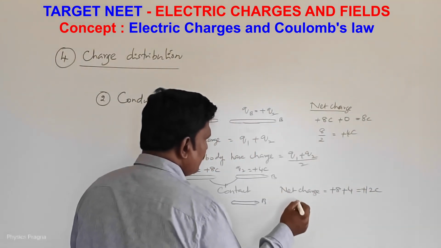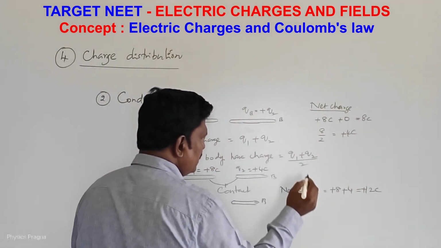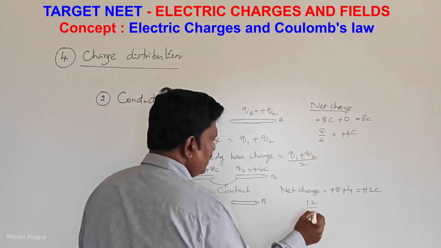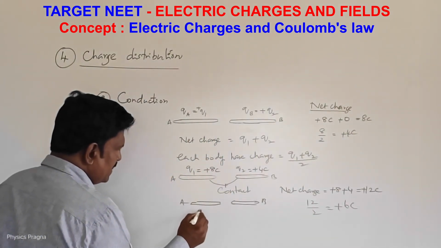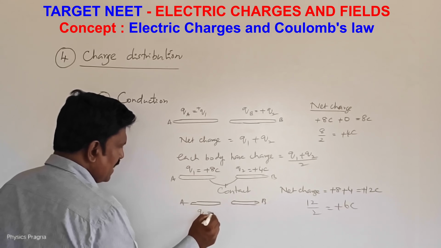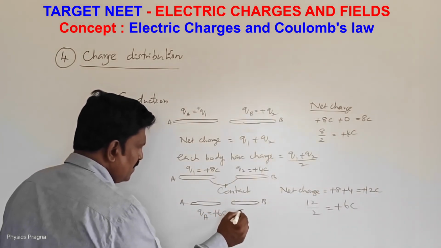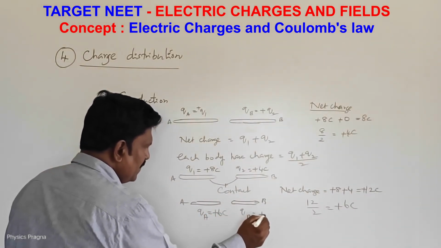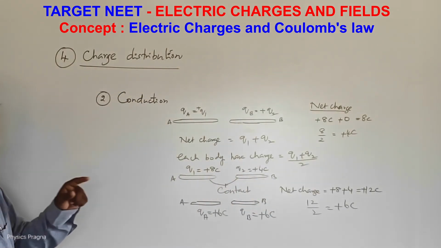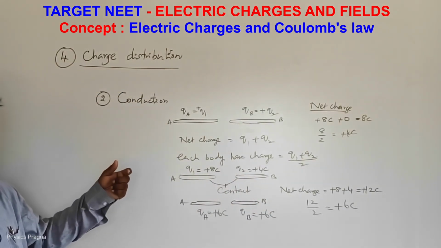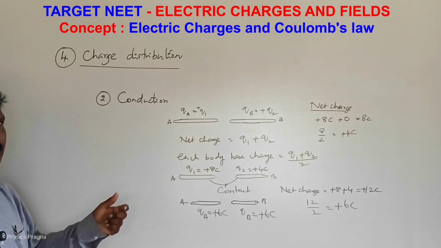After that the formula is Q1 plus Q2 by 2. So 12 by 2, plus 6 Coulomb. So A is also having plus 6 Coulomb, B is also having plus 6 Coulomb. Like that, the charge redistributes in a conduction.